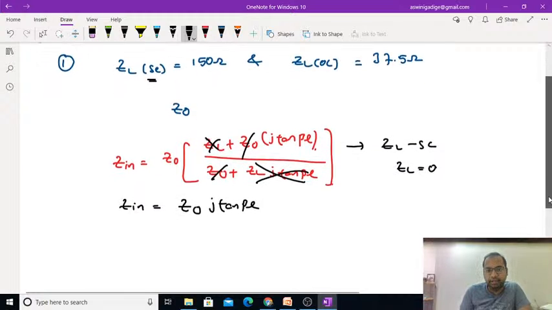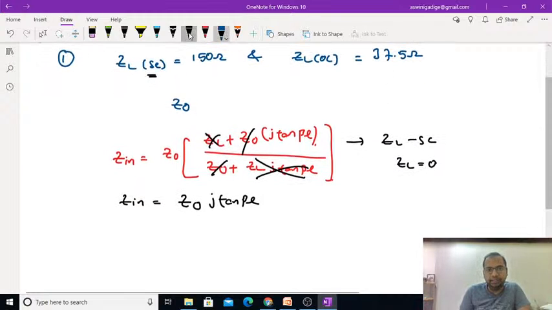Similarly, for the open circuited load, take ZL as infinity.